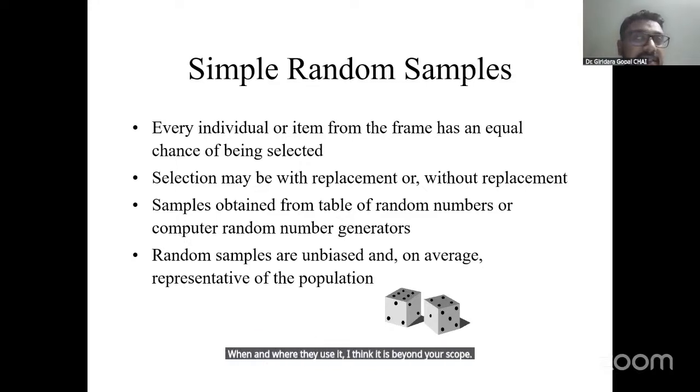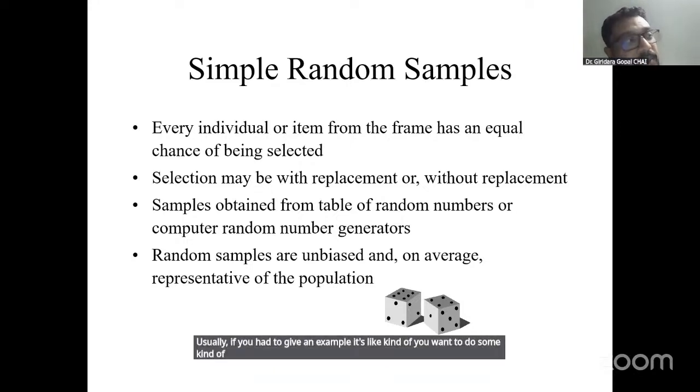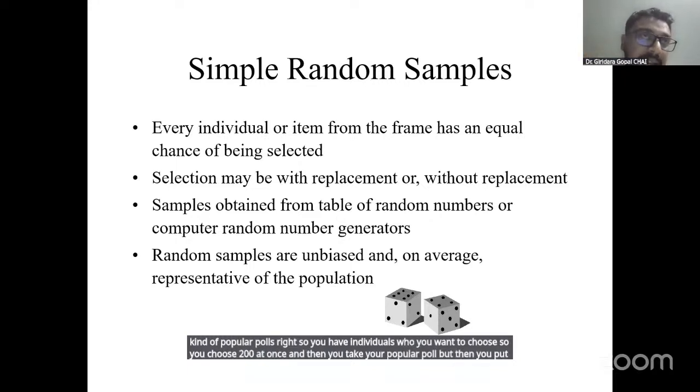Usually, if I had to give an example, you want to do some kind of popular poll, right? So you have individuals who you want to choose. You choose 200 at once, and then you take your popular poll, but then you put the same individuals back again. You interview them after 2 or 3 days because you want to understand whether the people are responding differently.